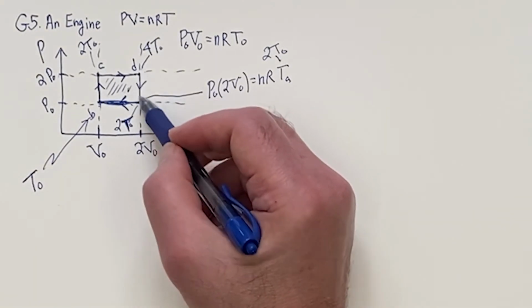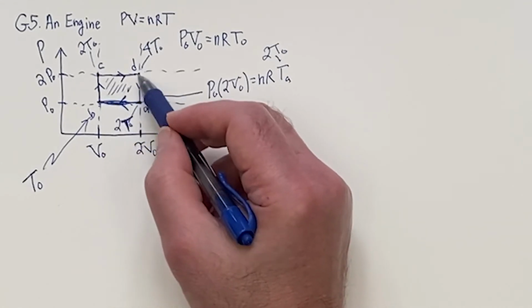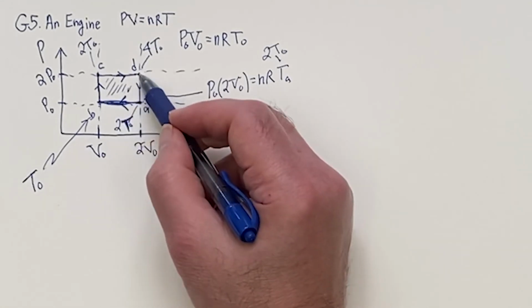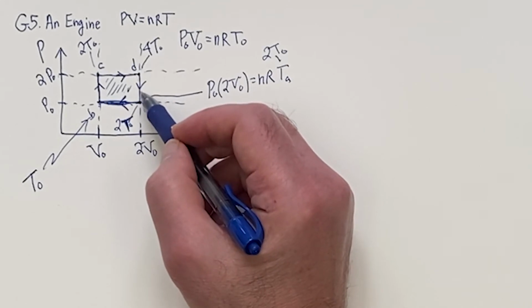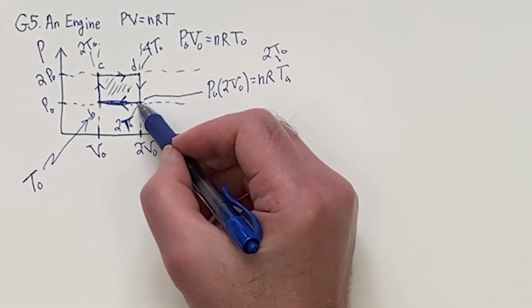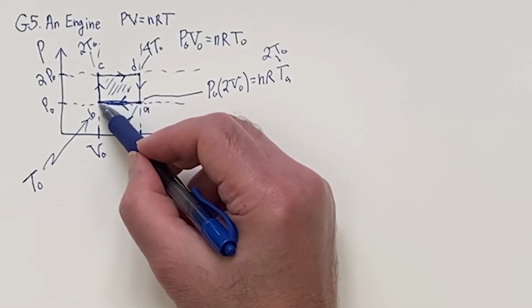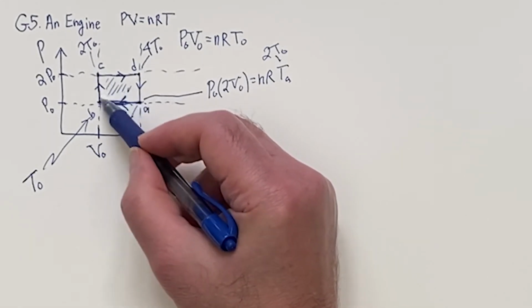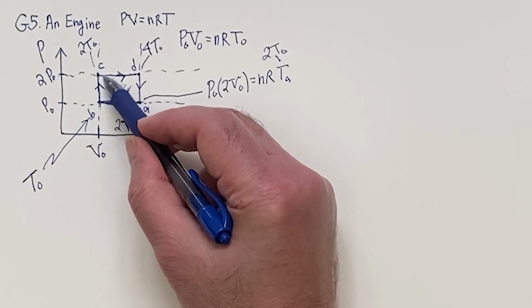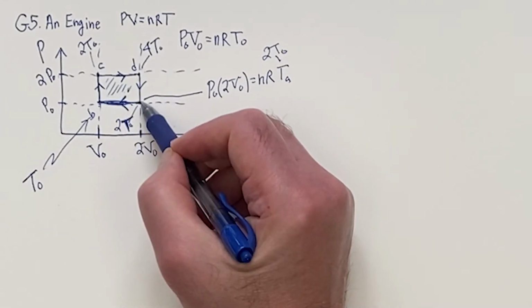And then the compression, actually the compression is this way here. This is a drop in pressure. So if you look at these things, this is an isobaric, constant pressure, then an isochoric, constant volume, then an isobaric, an isochoric.